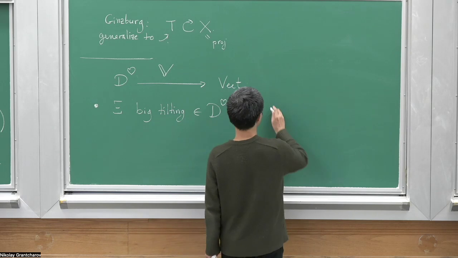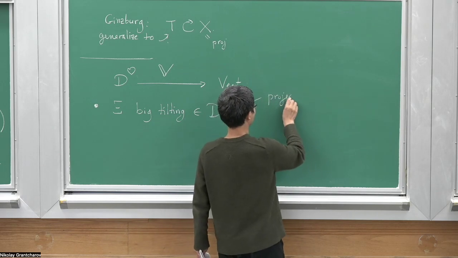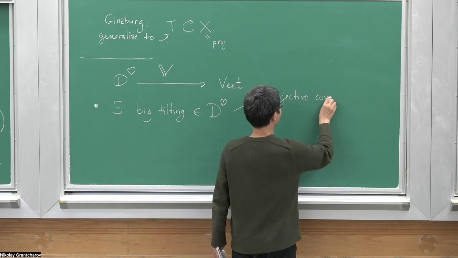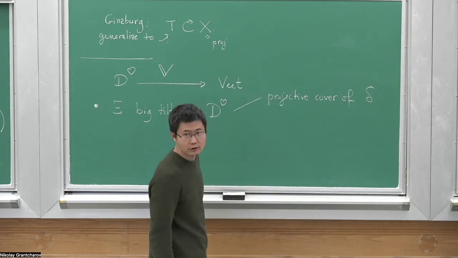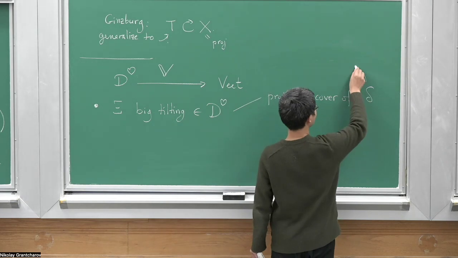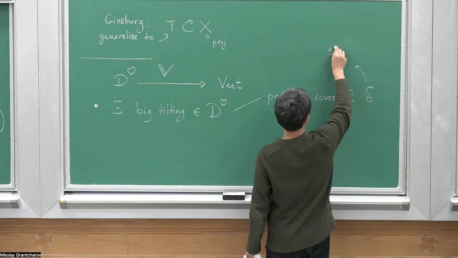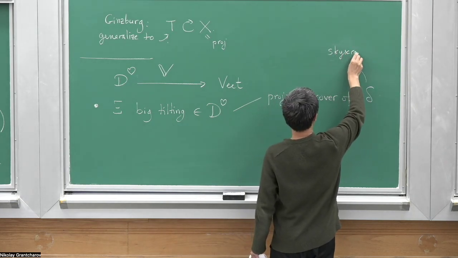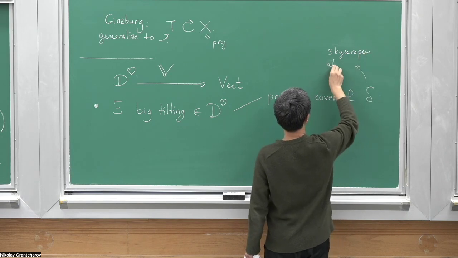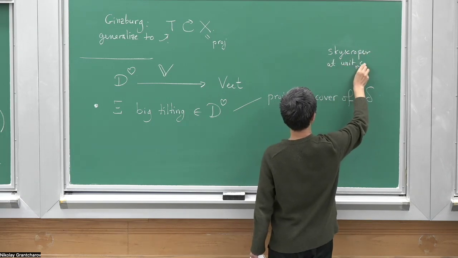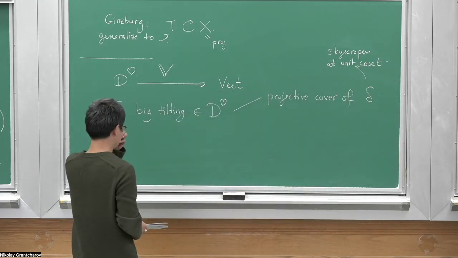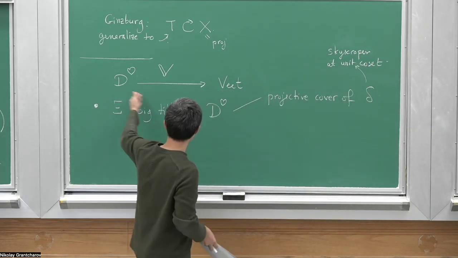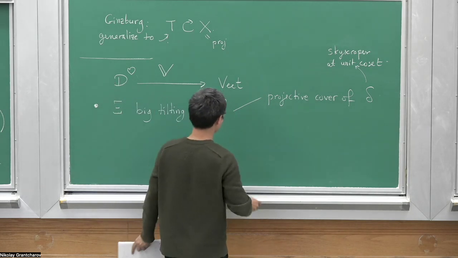First, it is the projective cover of the skyscraper sheaf at the point stratum, the unit set. This projective cover is taken inside this abelian category.